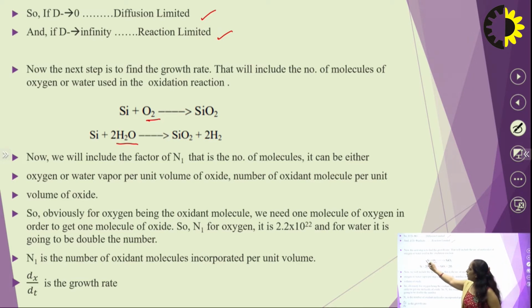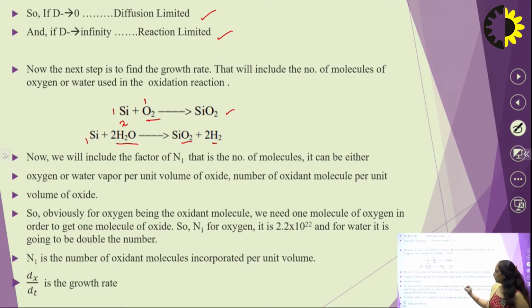So when one particle of silicon is reacted with one molecule of oxygen, you will have one molecule of silicon dioxide. But in case of water molecules, when one molecule of silicon is reacted with two particles of water, we will have silicon dioxide and hydrogen gas as a residual, right?